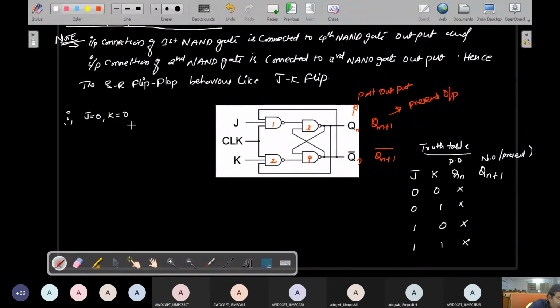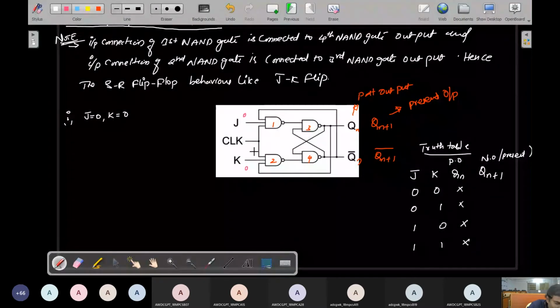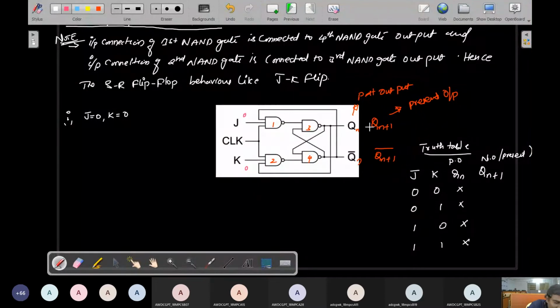The first case is J is equal to K is equal to 0. So what about our Qn plus 1 value?